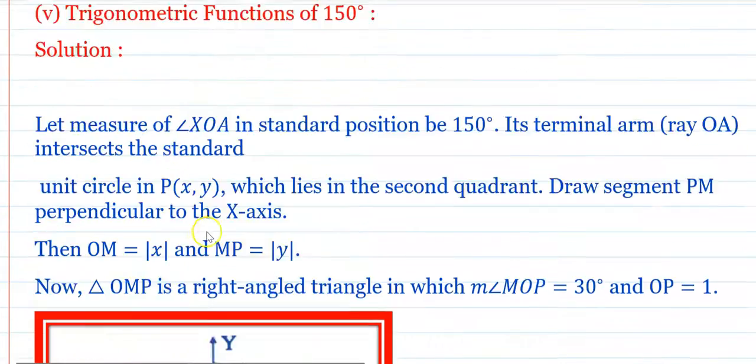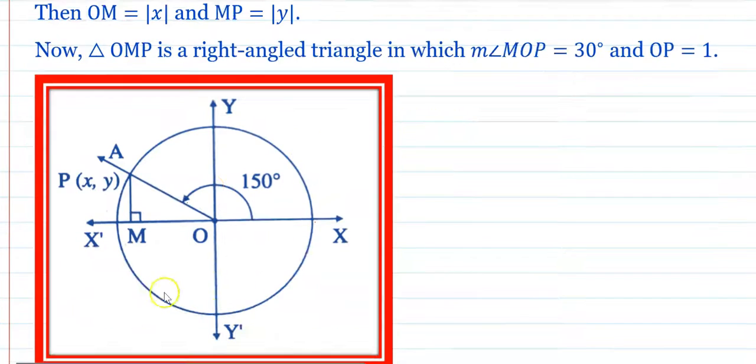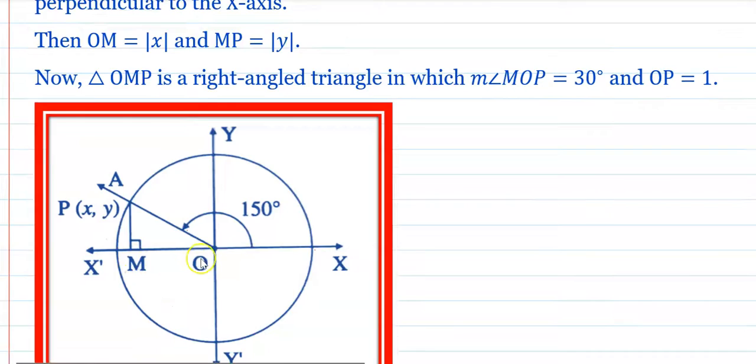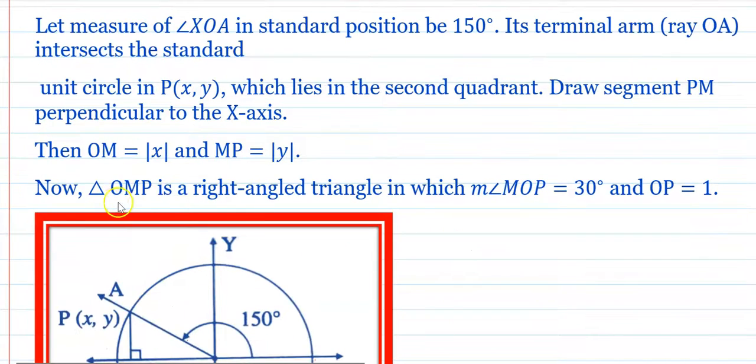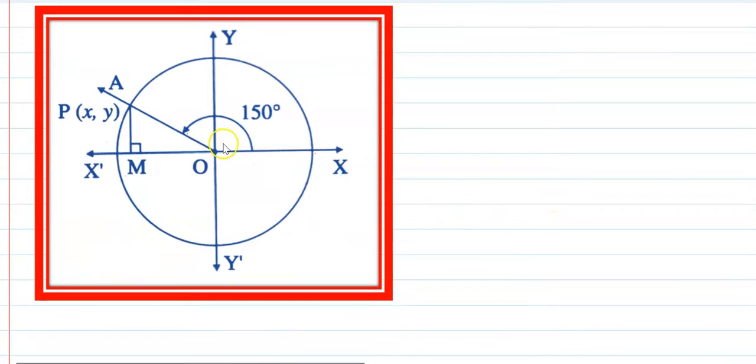Distance OM is equal to x, and distance MP is equal to y. Triangle OMP is a right angle triangle in which the measure of angle MOP is equal to 30 degree. आता हे MOP हे जर 150 असेल तर the measure of this angle is 30 degree. Now as this is 30 degree, this is 90, and therefore this must be the 60 degree.